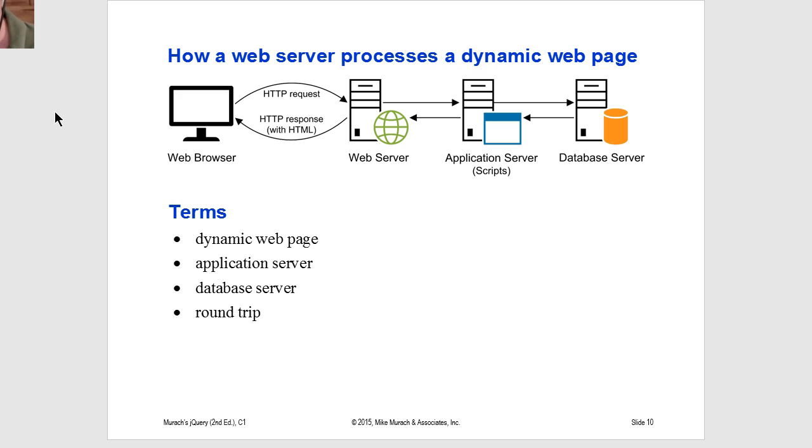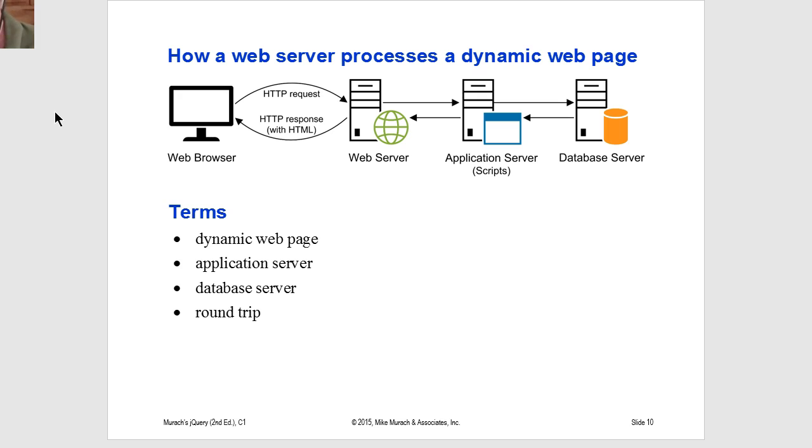The web browser, remember before we just had the web browser sending a request to the web server, the HTTP request, and then the HTTP response with the HTML would come back. Well, now in a dynamic page, before that HTTP response comes back to your browser, the web server says, oh, I know you want to do something.